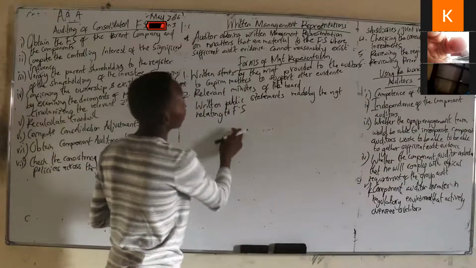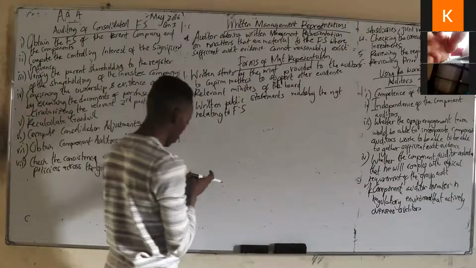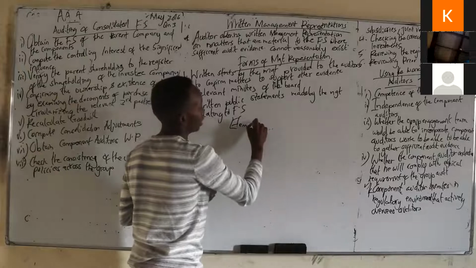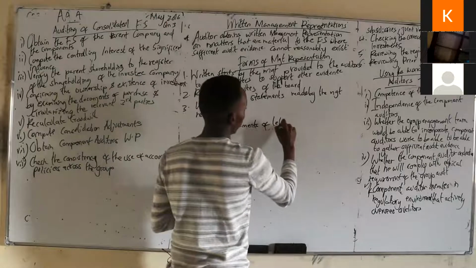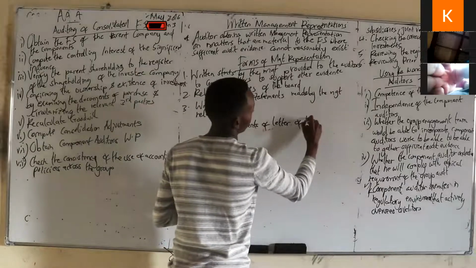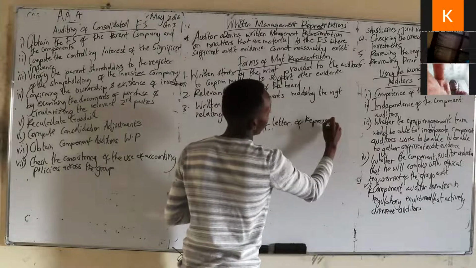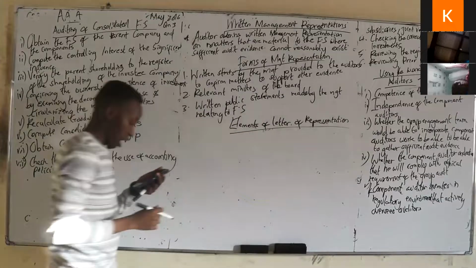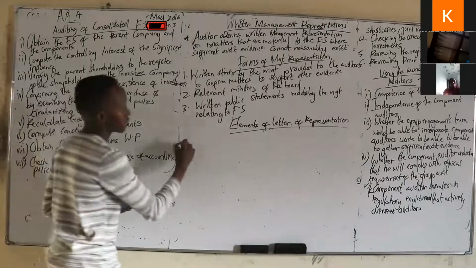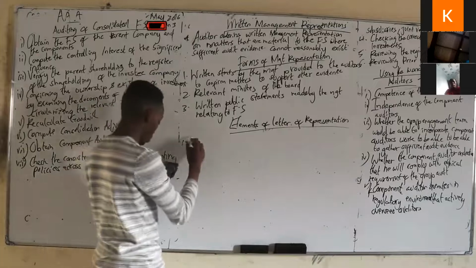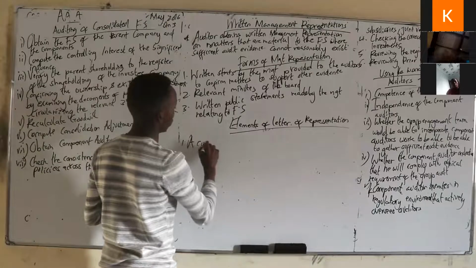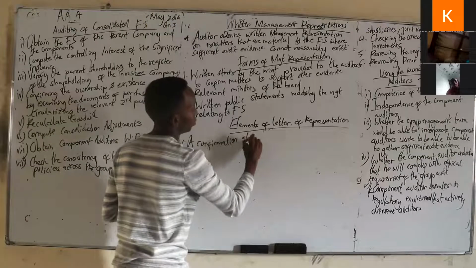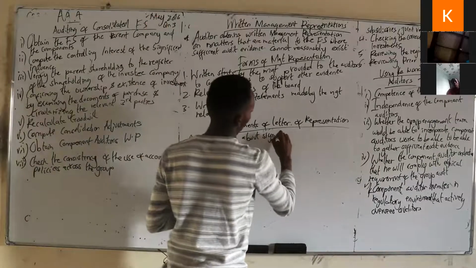So these are some of the forms of the management representation. They have to give this written representation, and some of the elements of a letter of representation include a confirmation about significant assumptions made.